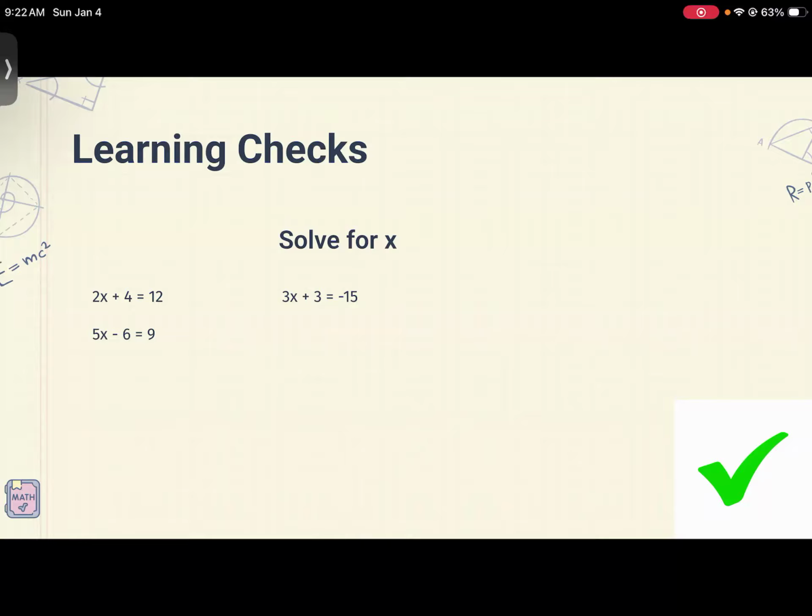Yep, 3 is correct. And the last one, that one with 3x plus 3 is equal to minus 9, 15. That they haven't done. Okay, I'll give them a minute or two, and then if they need help, I'll show how to solve it.